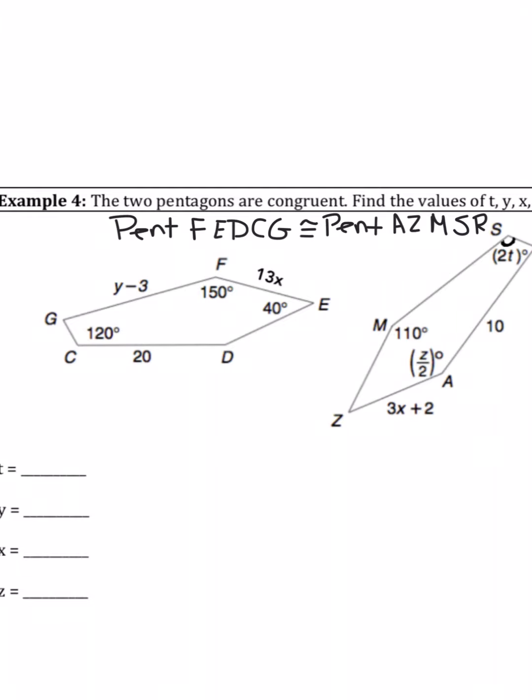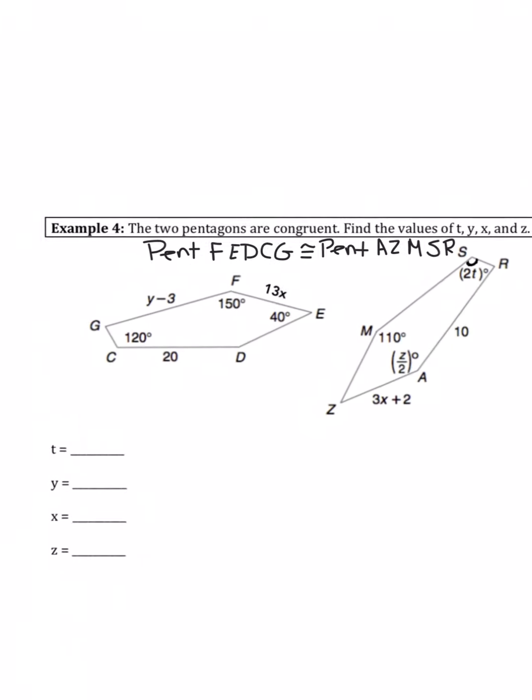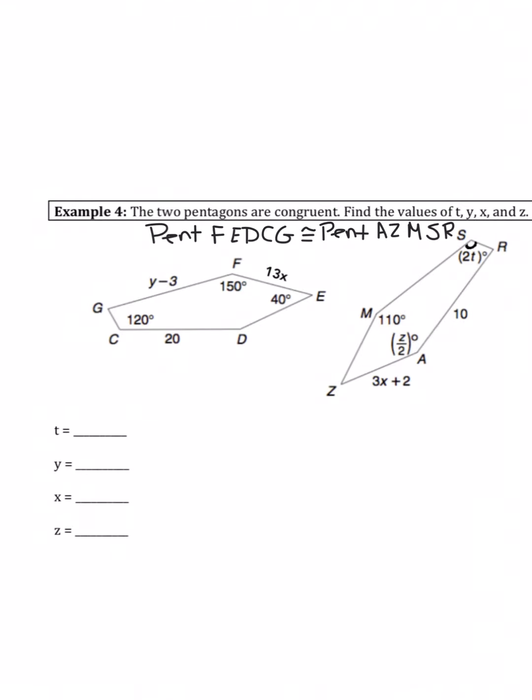So let's begin with the first one listed, which is little t. Just like the previous problem, we begin by searching for little t. We notice that little t is up here at angle S, so it's definitely an angle, has a degree measure.